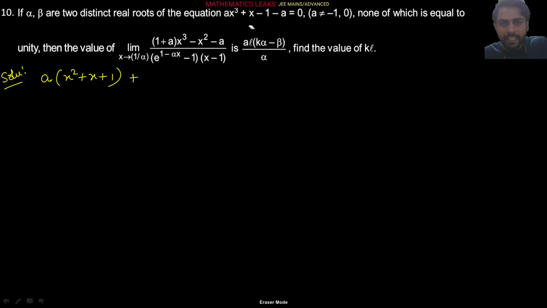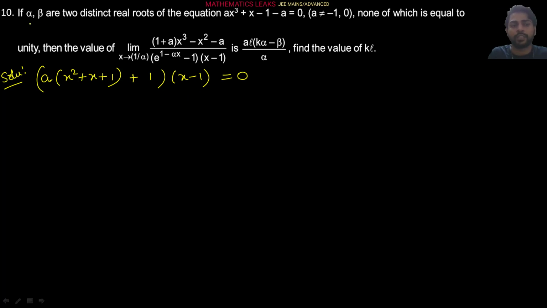And in the second part, x minus 1 is already there, so from here x minus 1 we can take common. So we can write this into this one is equal to 0, right everybody? This is a cubic equation, so 3 roots will obviously be there, and one of the roots comes from the factor x minus 1. So one root is x equals 1.